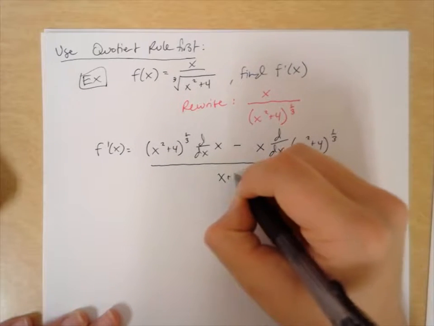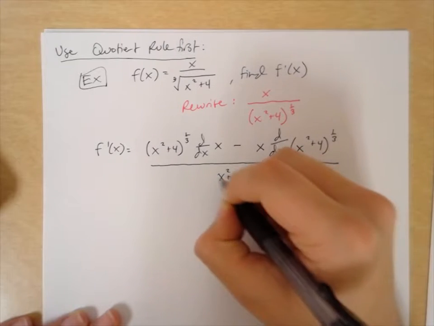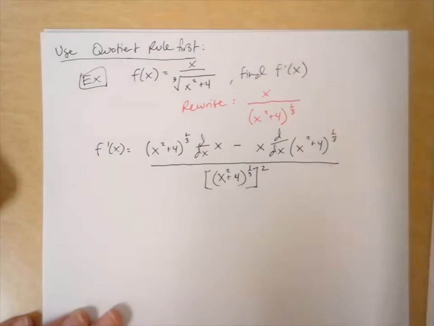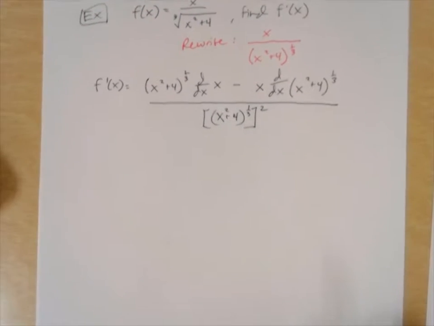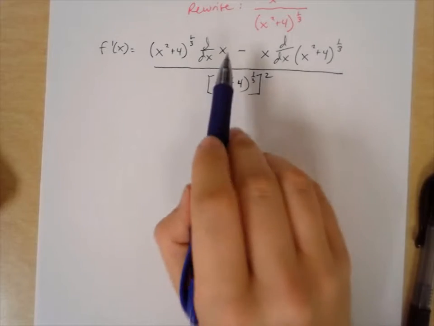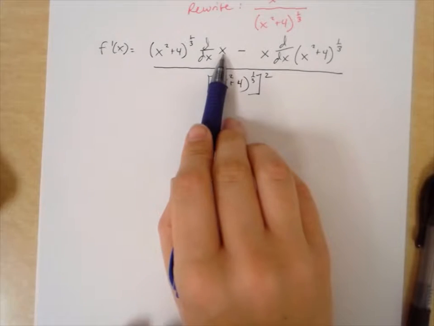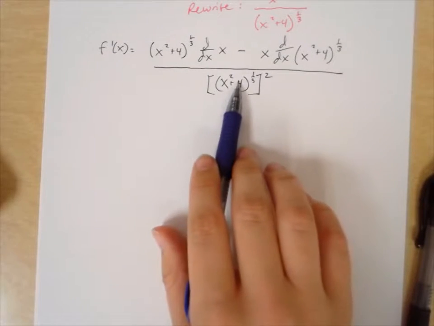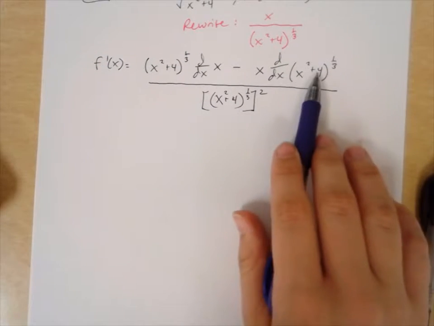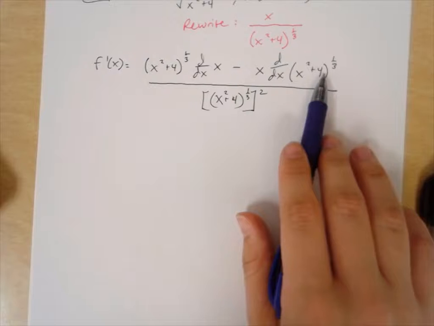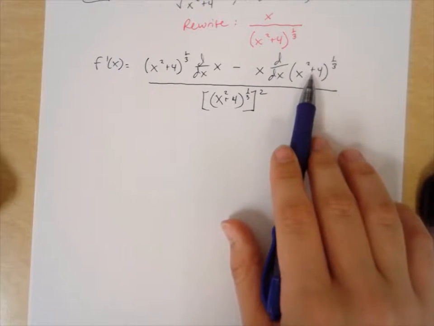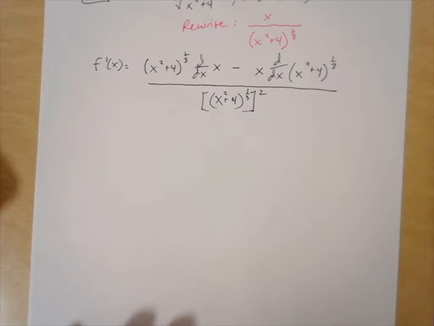So my x squared plus 4 to the 1/3, squared. Okay, and as you can see here, I won't need anything special to take the derivative here, and I won't need anything special to square this. However, what I've got going on over here, derivative of x squared plus 4 to the 1/3, this one absolutely needs the chain rule. So let's take care of that first.